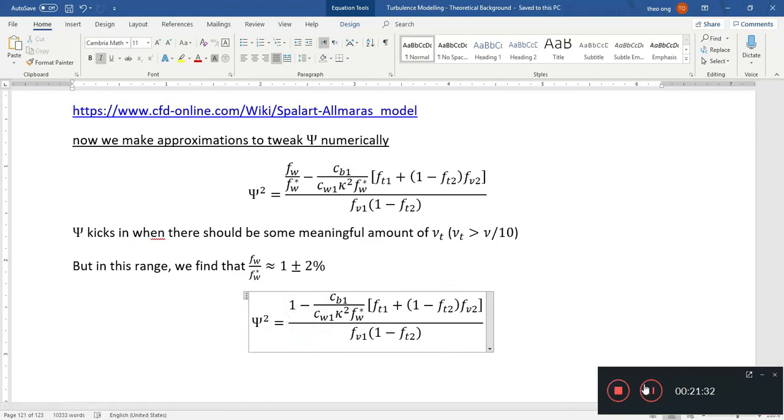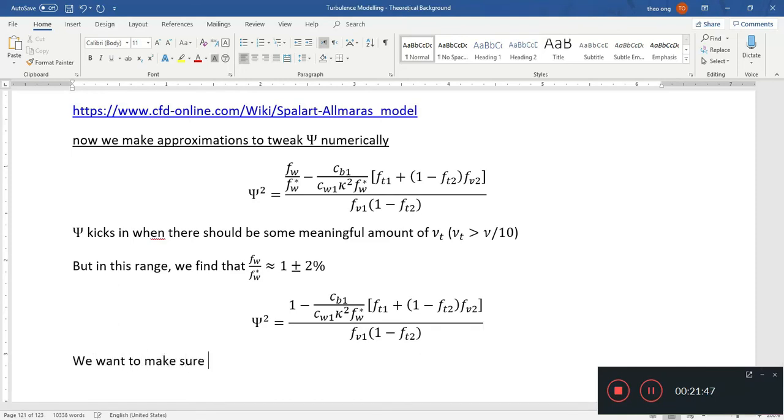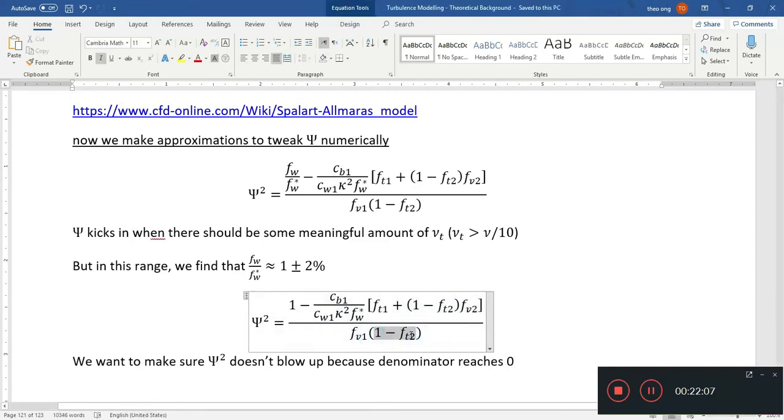You make that approximation. Now we also want to make sure the bottom doesn't reach 0. We want to make sure psi squared doesn't blow up because the denominator reaches 0. One of the things that can reach 0 is this 1 minus ft2, because very far away from the wall, ft2 will become 1. So what is ft2?